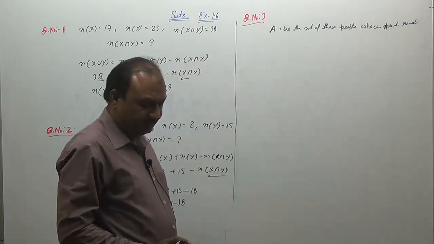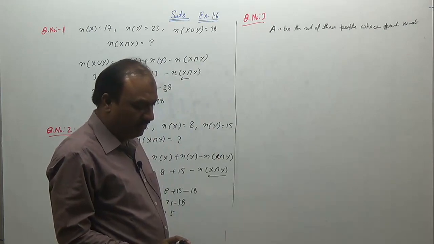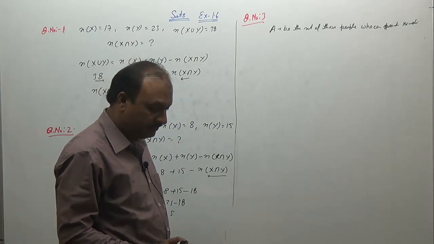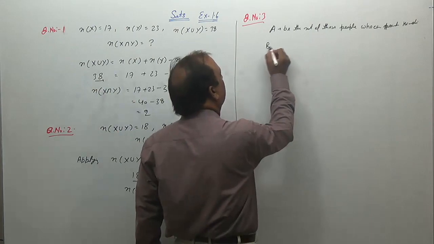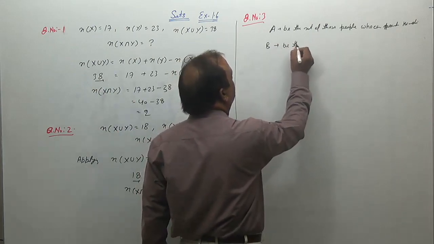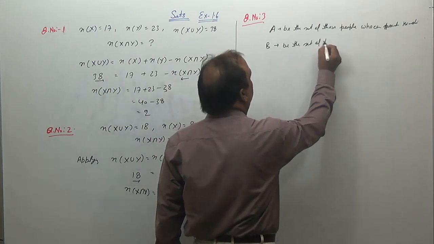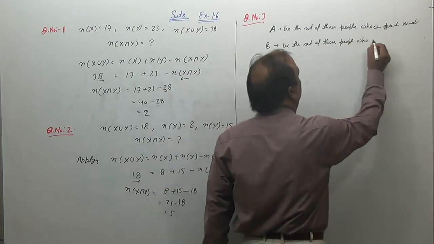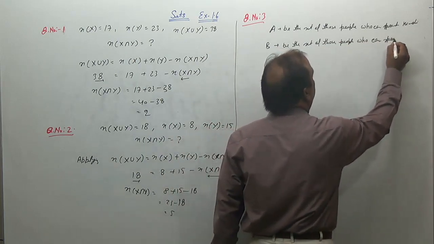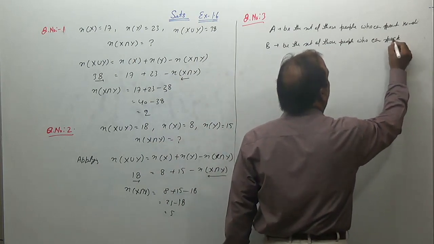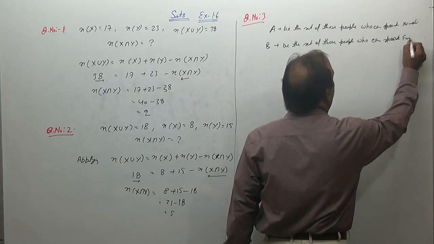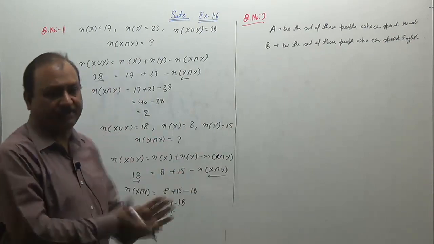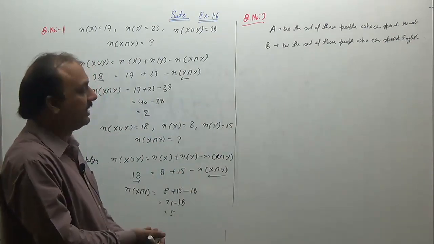So we have defined this: A be the set of all those people who can speak Hindi, and B be the set of those people who can speak English. So let us suppose A be the set of all those people who can speak Hindi and B be the set of all those people who can speak English.